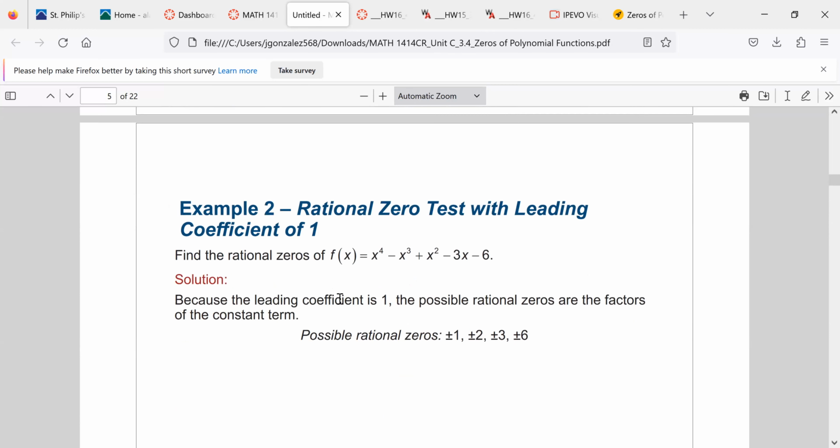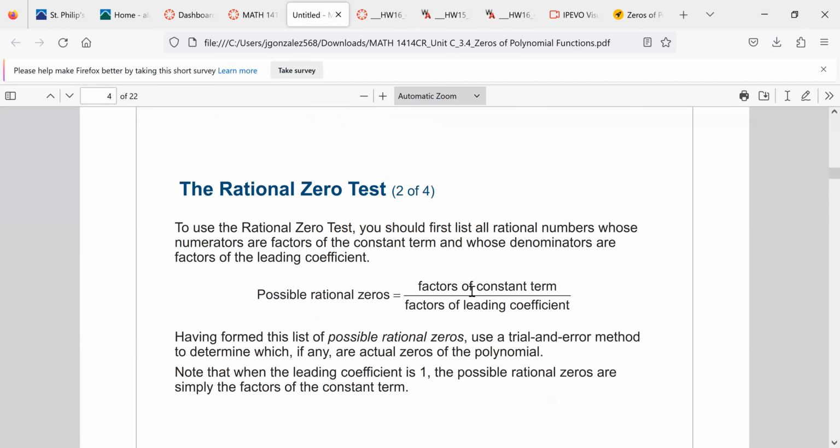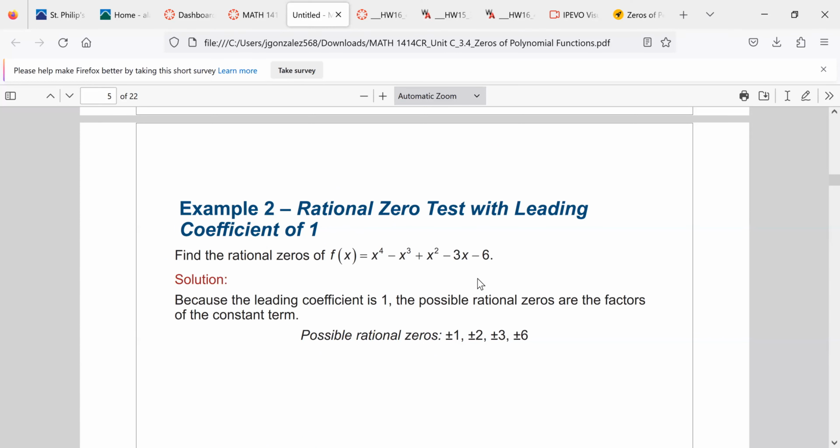So basically, factors of the constant term divided by all the factors of the leading coefficient. So let's take the 6, find all the factors, and then the leading coefficient is a 1, right? On the x to the 4th. So all of the factors of 6 divided by all the factors of 1, which is just 1, gives you this list here. That's it.